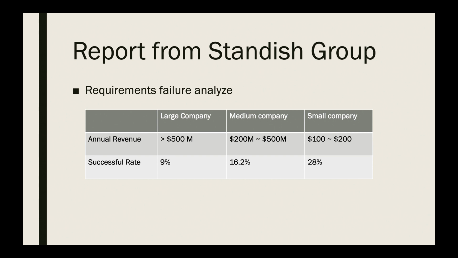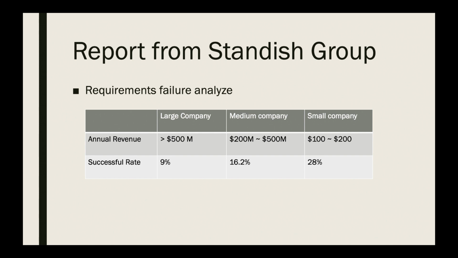Those with annual revenue larger than $500 million they counted as large companies, annual revenue between $200 and $500 million they defined as medium companies, and small companies are those with annual revenue between $100 and $200 million. I have organized them into this chart.